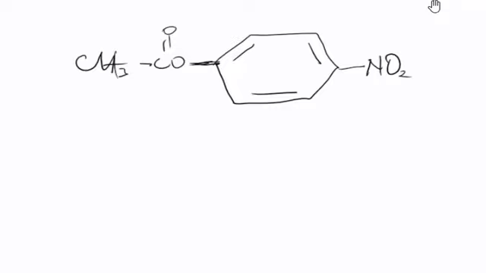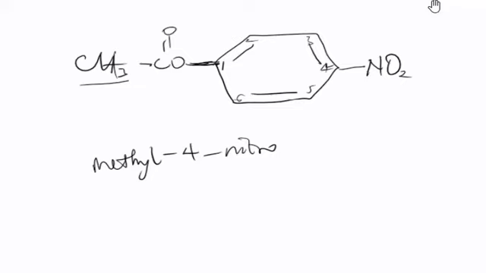So this is the functional group. I'll take it as 1, and then this becomes 2, this becomes 3, this becomes 4, this becomes 5, this becomes 6. So I'll have my methyl group here, so I call this methyl 4-nitrobenzoate.